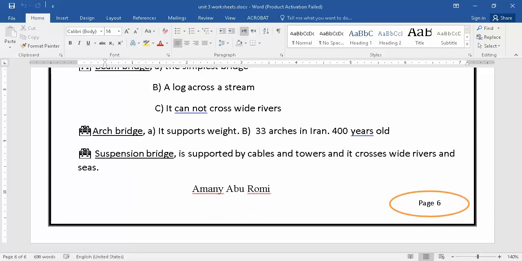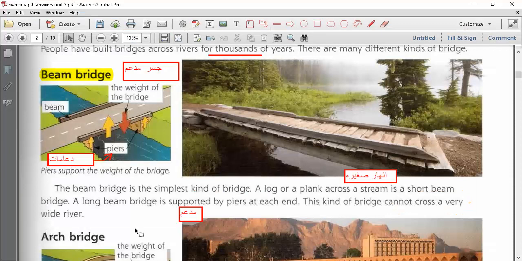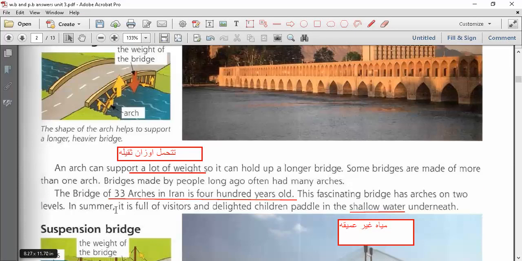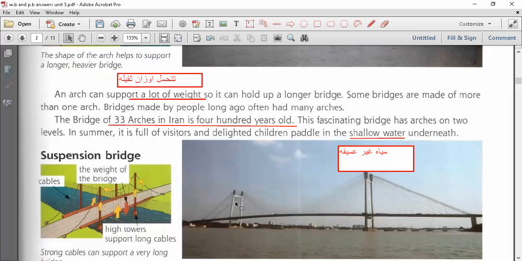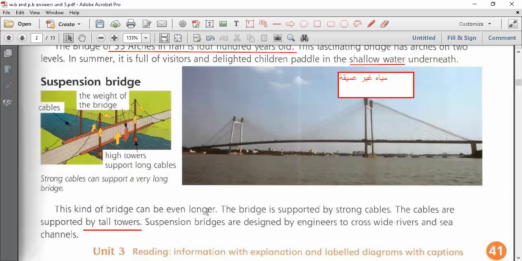Now, arch bridge. In the arch bridge, I will tell you that it supports a lot of weight. One of the examples is the 33 arches in Iran, and it is about 400 years old. Now, the suspension bridge.